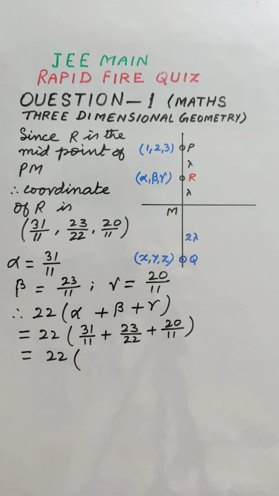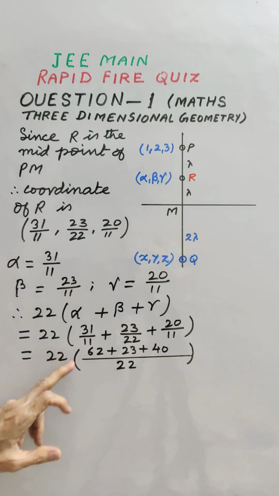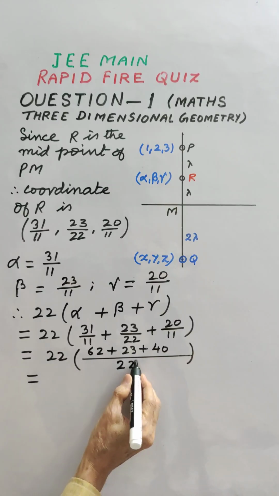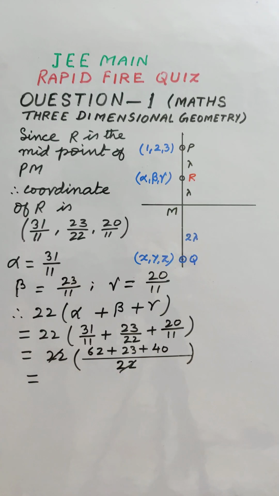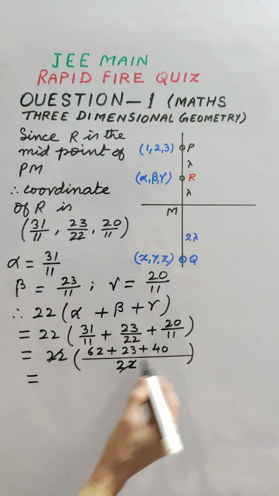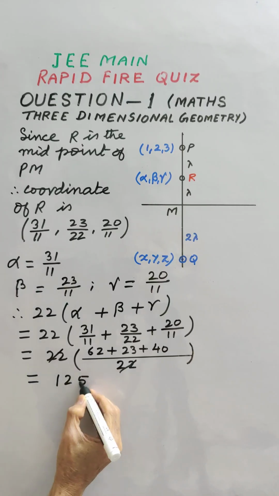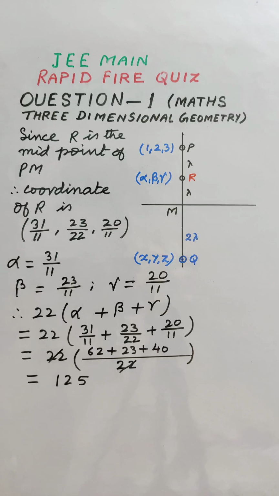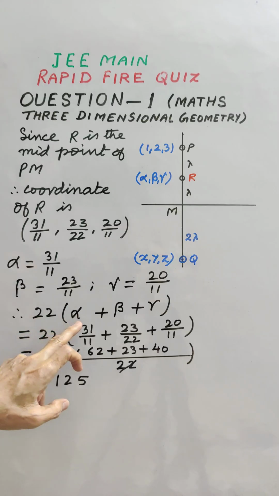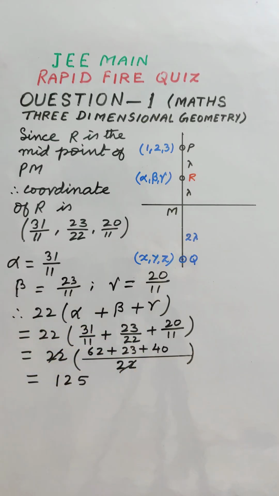Taking LCM, (62 plus 23 plus 40), 22 is cancelled with this 22, and this way 62 plus 23 plus 40 would become 125. Thus our answer is 125. This way 22 into (alpha plus beta plus gamma) is 125.